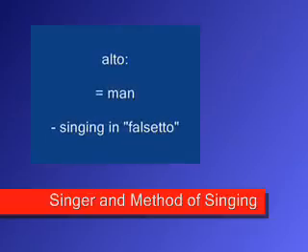Alto, the word that means high and that is masculine, refers to the voice type in a Renaissance church choir that was sung by a man. But the notes of the alto parts of Renaissance church compositions are far above the normal range of a man's voice, so a man singing the alto part sang not in his natural voice, but in falsetto. If you take a look at the word falsetto, you see in it the English word false.